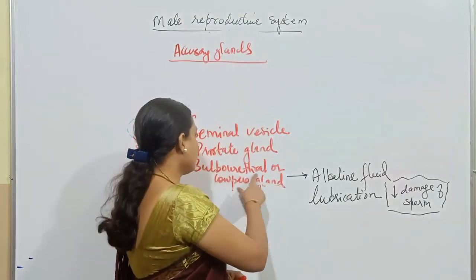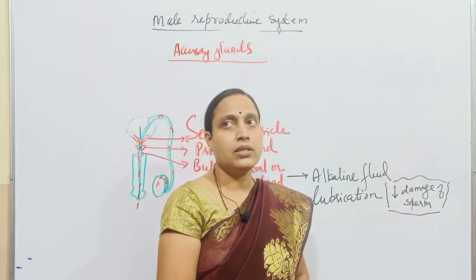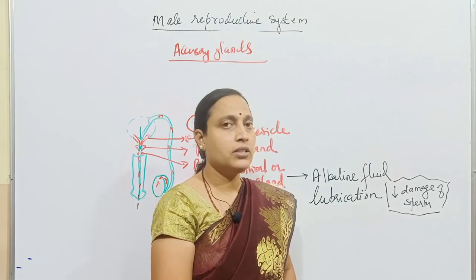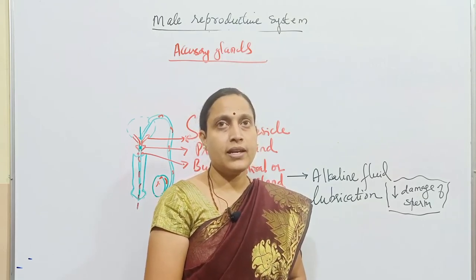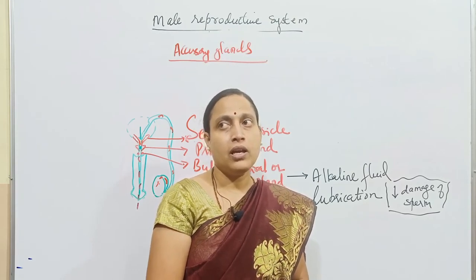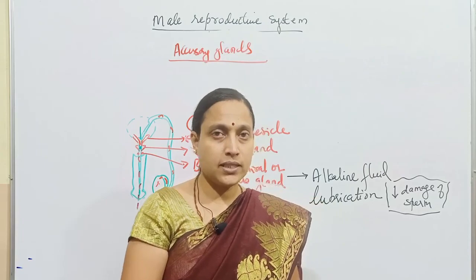So you should also know the small amount of secretion of the bulbourethral gland can have sperms, and that leads to failure of natural contraception such as the withdrawal method.